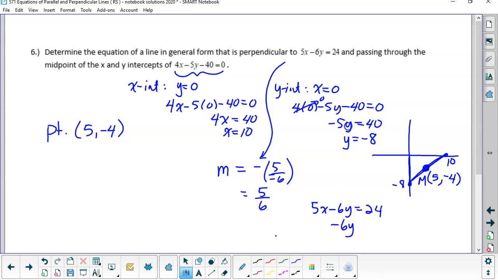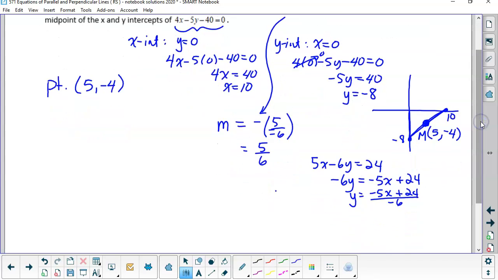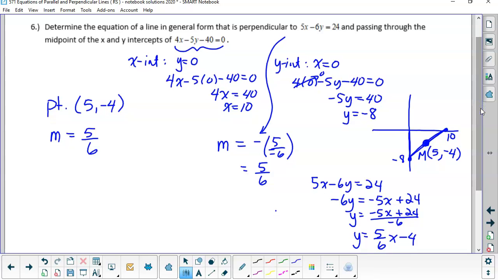I'll keep the y on the left, the x term to the right, divide by negative 6. We got 5/6x minus 4. I already had that, right? So you don't have to show that. I've got the slope. Okay, and so I want to find the line perpendicular to that. So the perpendicular slope is going to be negative 6/5.